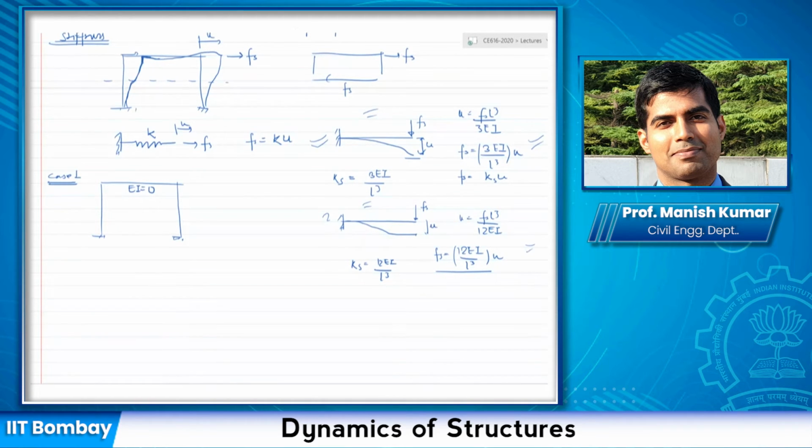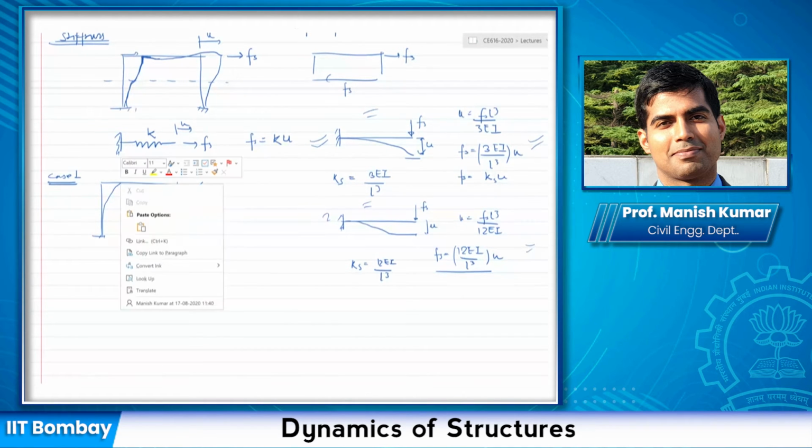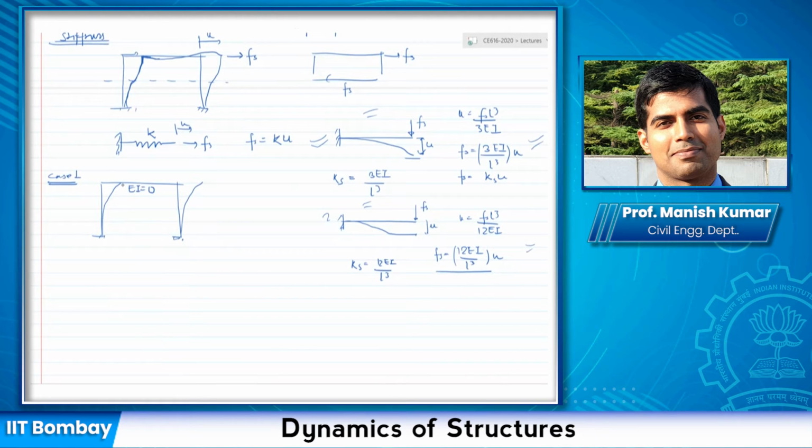But if this is very flexible, then it is just going to rotate like this. There is nothing to prevent it, because the beam which was actually preventing the rotation at this end now has zero flexural rigidity. Then it would look like something like this. Is this representation clear? If the beam has zero flexural rigidity, I still have the total displacement as U.